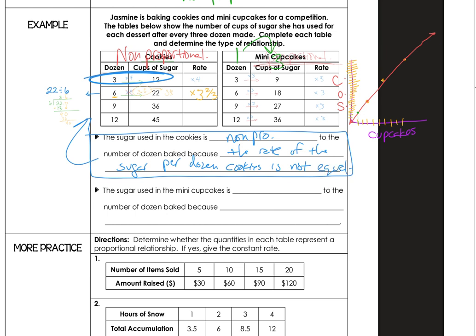And for this one, it's for the other one, right? And so our answer is that yes, it is proportional, and it's for the opposite reason of this. The rate of sugar per dozen cupcakes is equal.